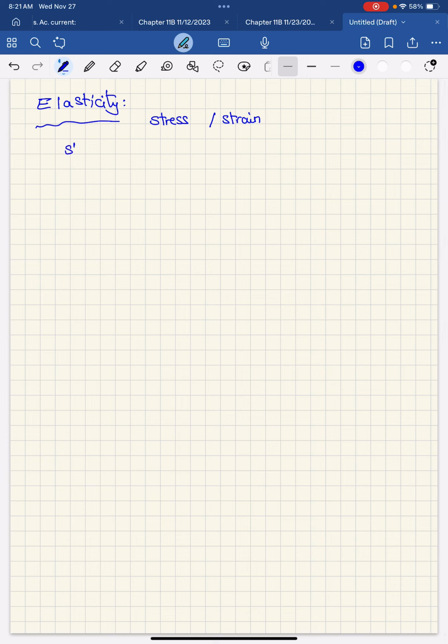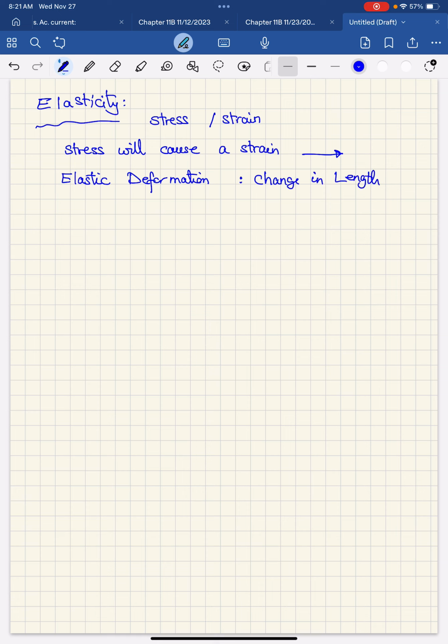Now, stress will cause a strain, and the strain might lead to what is called elastic deformation. That deformation can be a change in length, a change in area, or a change in volume.